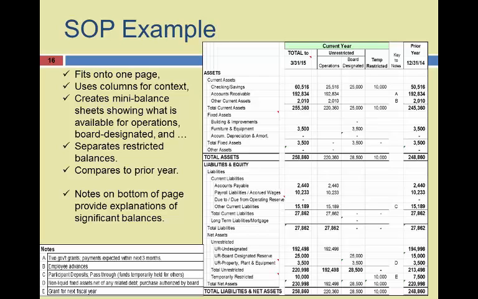The notes at the bottom of the page that are keyed to the key to notes, the ABC in the key to notes column, explain what the composition or differences between last year and this year might be in narrative. This is a really high context, useful report that gives a clear sense of what this organization's assets, net assets, and liabilities comprise.